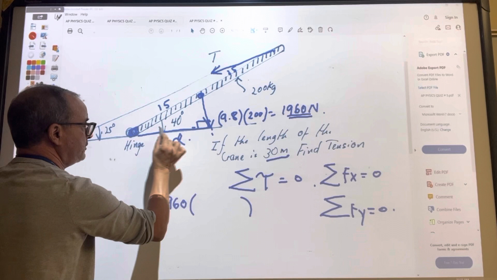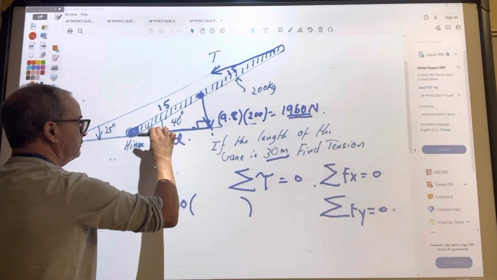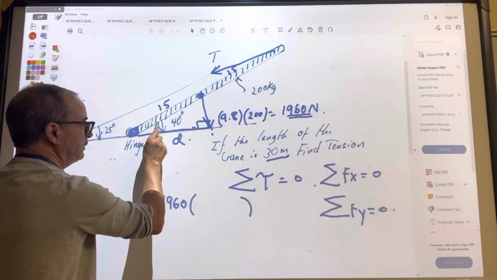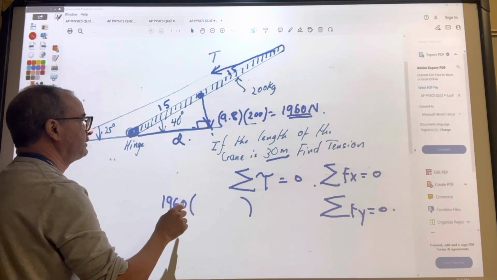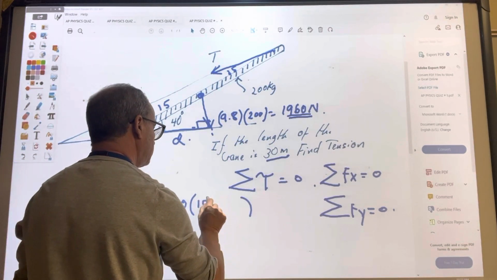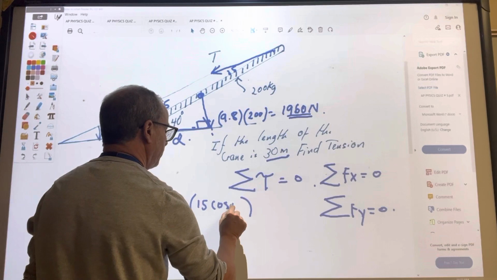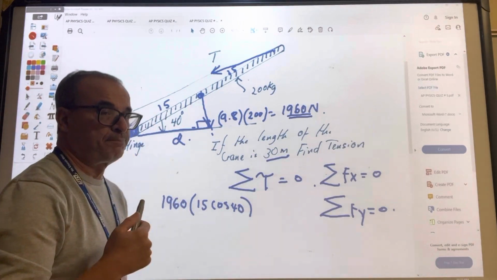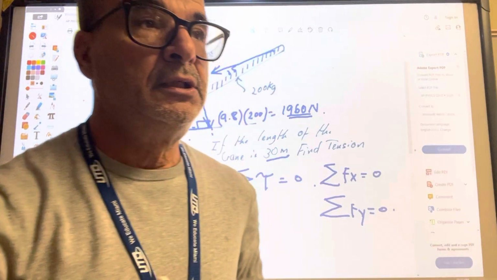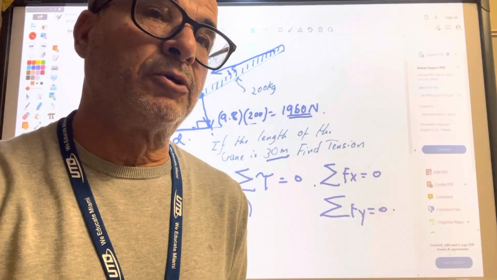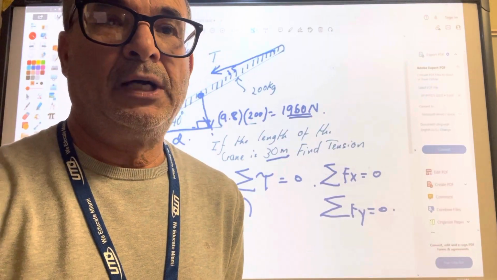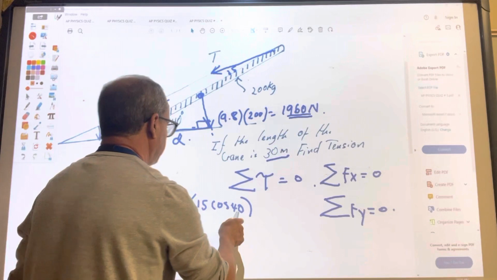This perpendicular distance is a cosine because it's adjacent. So we have to use 1960, 15 cosine of 40. That is the point where a lot of you are not understanding, whether to pick cosine or sine. So this is 15 cosine of 40.